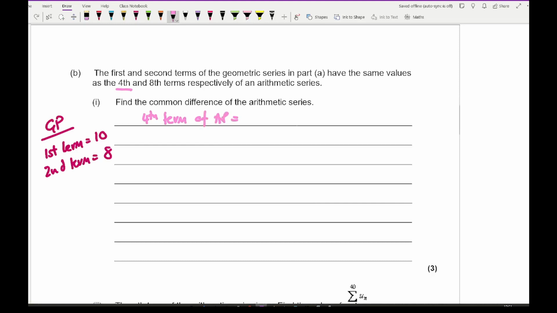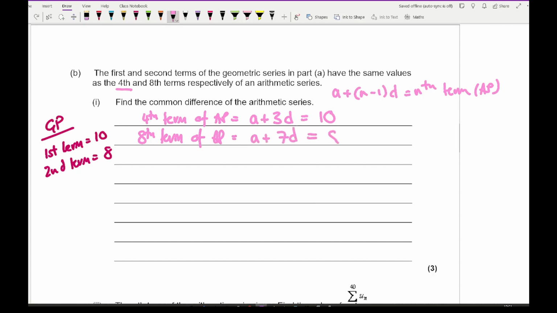is going to be using the formula a plus (n minus 1)d, which is the nth term of an AP. So substituting that in and swapping the value of n equals 4, that's going to be a plus 3d, because 4 take away 1 is 3, and that equals 10. Then the eighth term, which is when n equals 8, is going to be a plus 7d, which equals 8.